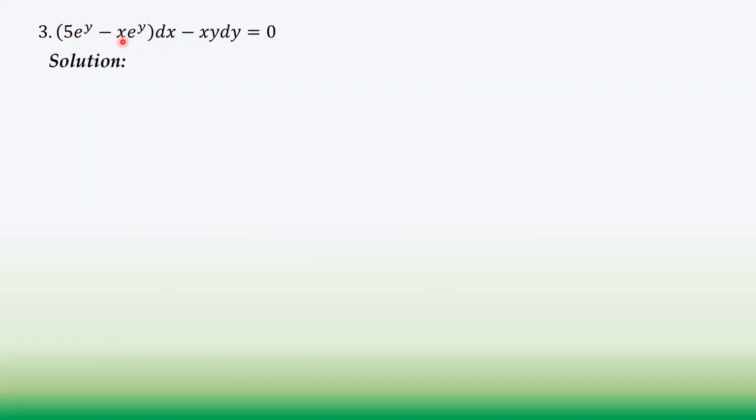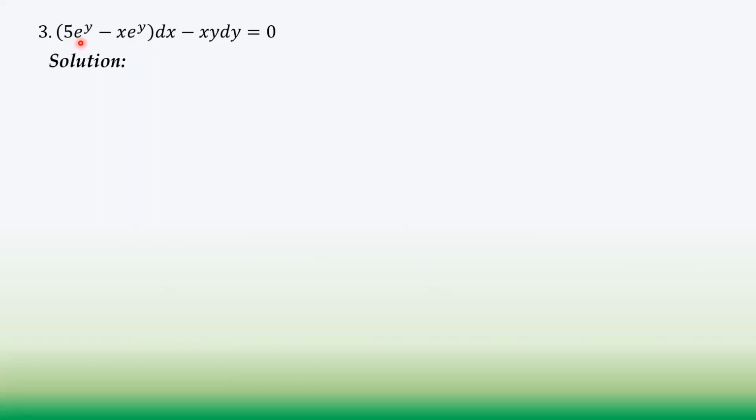So itong unang part na to sa dx, since meron yang parehas e raised to y, pwede mo siya muna i-factor. Para mapaghiwalay natin yung function of x and function of y. Ganun lagi, ano? Pag magkahalo pa yung x and y. So, pwede nyo munang i-factor kung factorable para malaman kung pwedeng i-separate yung variables.